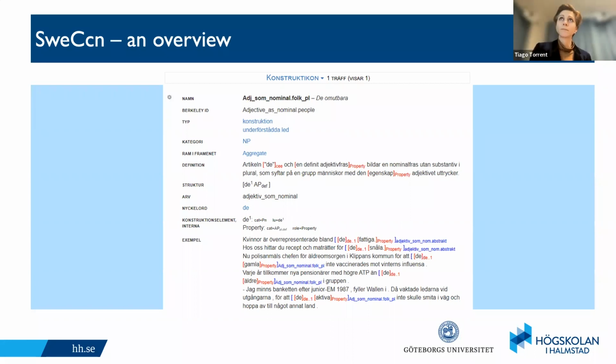There are also links here; I think every construction element is linked here. Yes, and also in the examples. Since we work with Språkbanken, we also have this lexical resource as a pivot called Saldo. The keywords are the link to Saldo. Yeah, exactly.